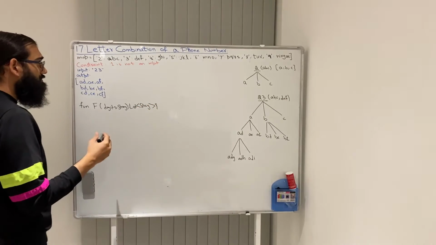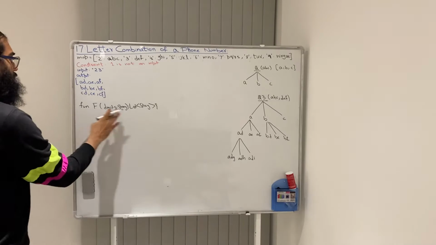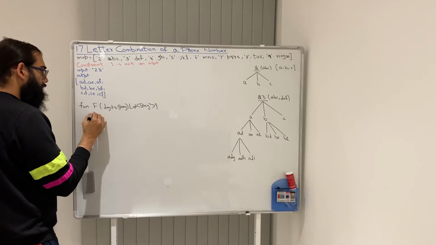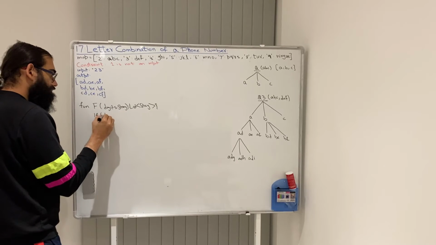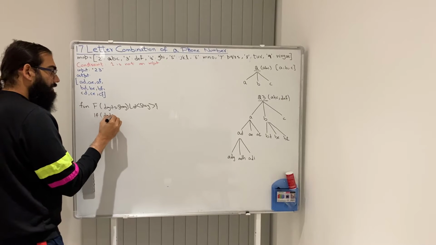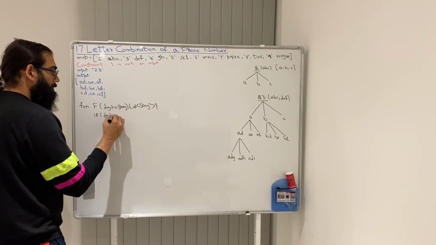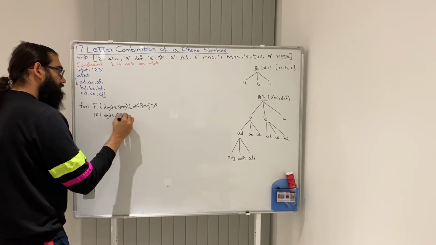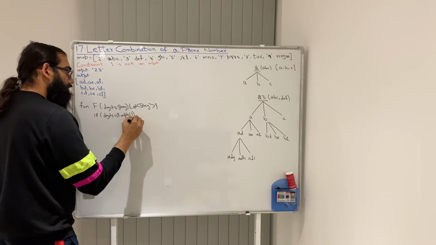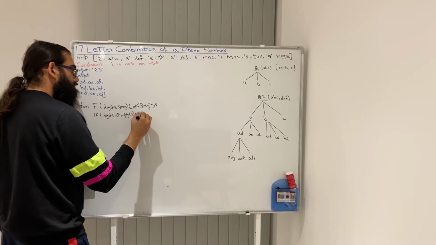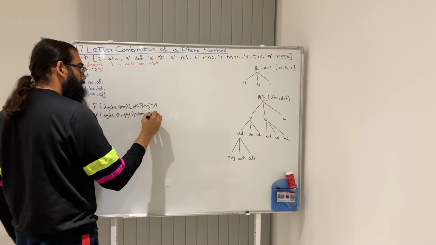Here what is the other edge case? If digits is empty, so for now I am writing this. Later we will see maybe our recursion is able to manage this case. So if it's empty, return empty list.